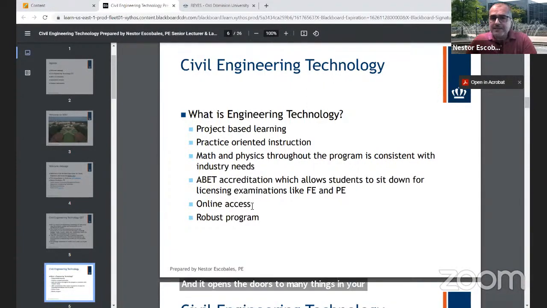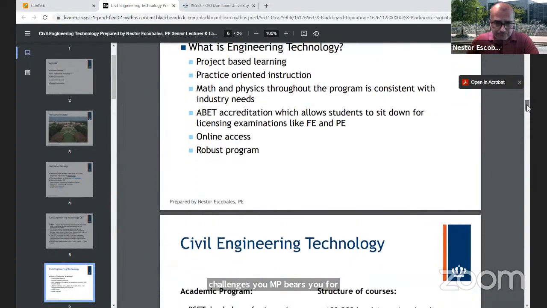Engineering technology is also online. It's on campus and it's online, so you have flexibility. And it is a robust program. It certainly challenges you and prepares you for what's ahead.